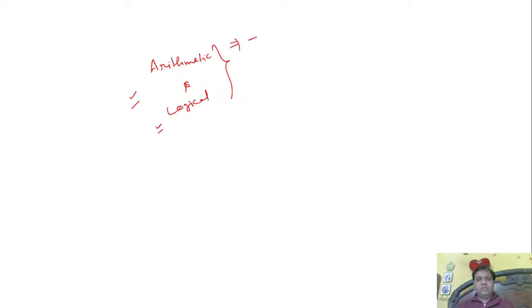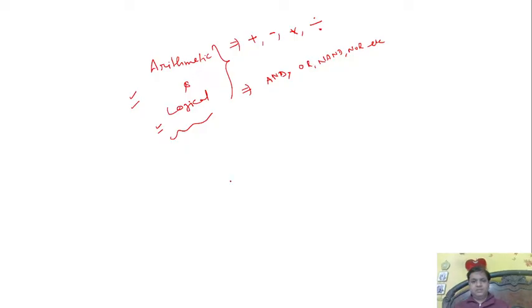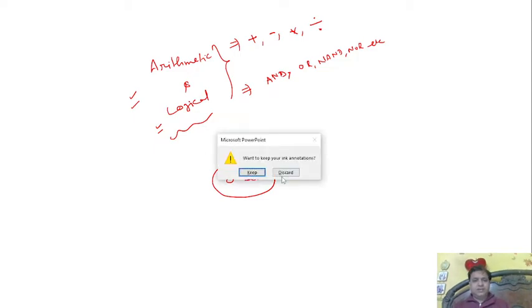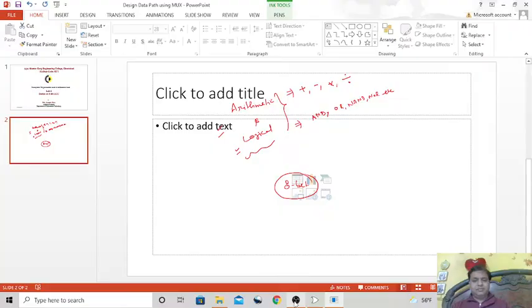In arithmetic, suppose addition, subtraction, multiplication and division should be performed, and in logical, suppose AND, OR, NAND, NOR, etc. The input and output size should be 8 bits for the 8-bit ALU. So let's see how we can design it using Logisim.